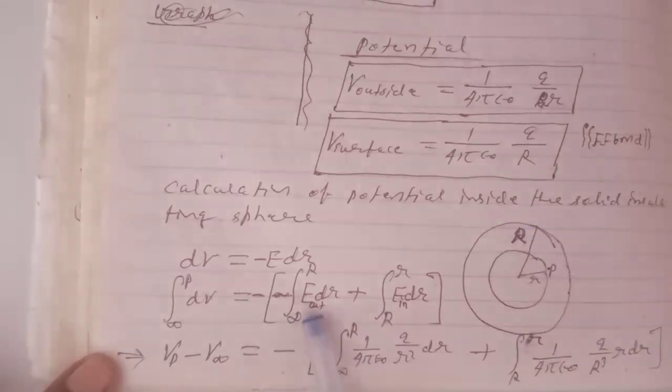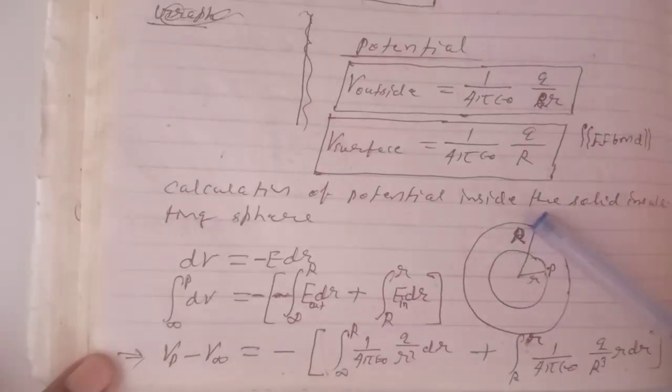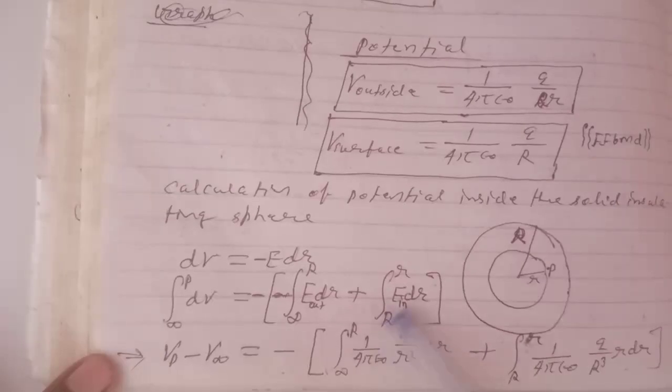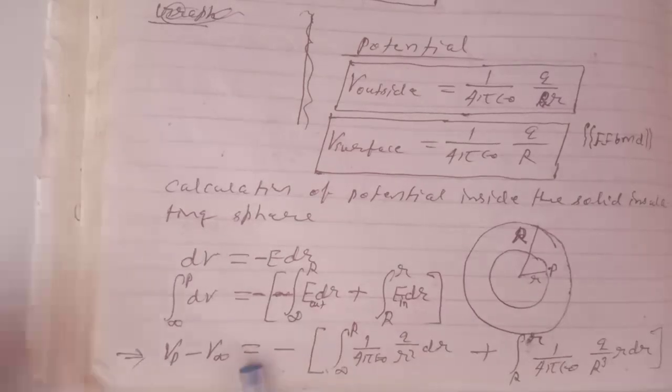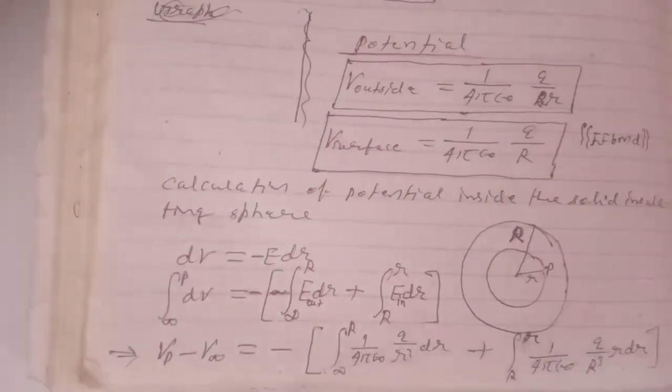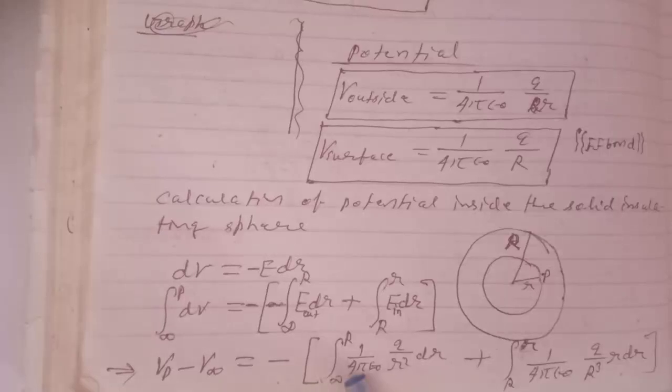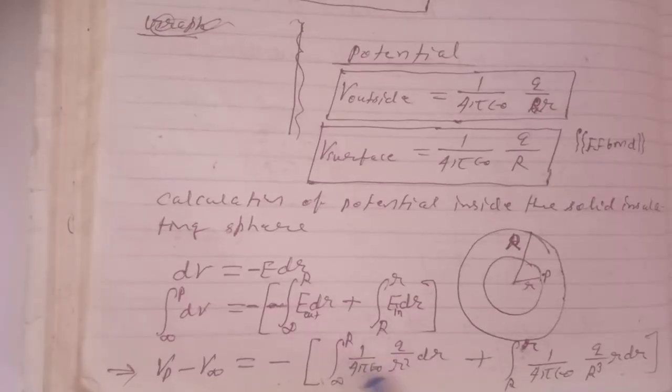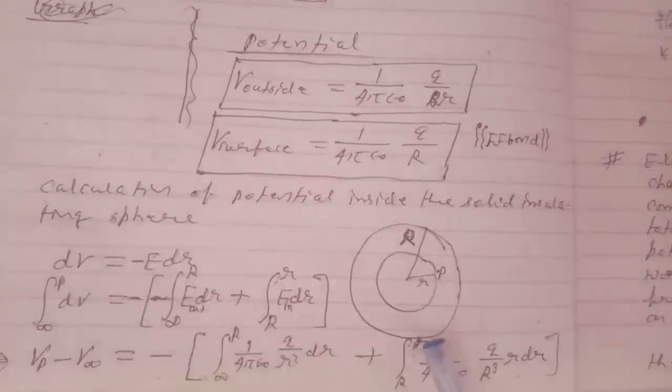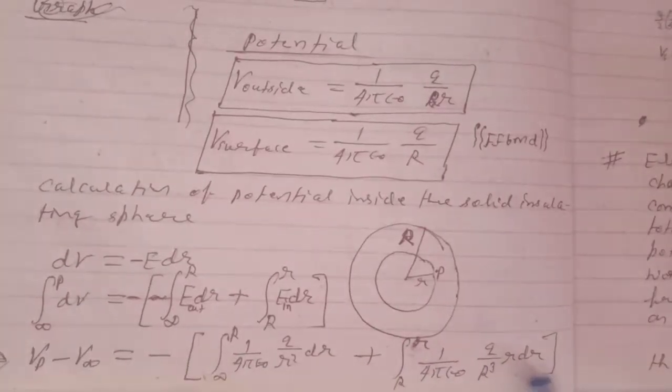So E out dr, and plus now we are integrating from R to small r, so our integration is from R to r for the inside point. So the electric field will be E inside dr. So Vp minus V infinity will be minus of, under bracket, infinity to capital R, 1 by 4 pi epsilon naught q by r square dr, plus R to small r, 1 by 4 pi epsilon naught q by R cube into r dr.